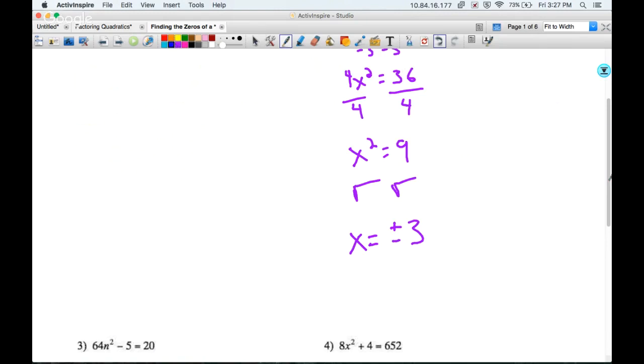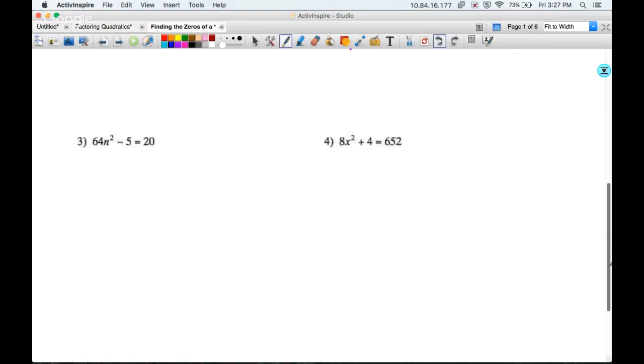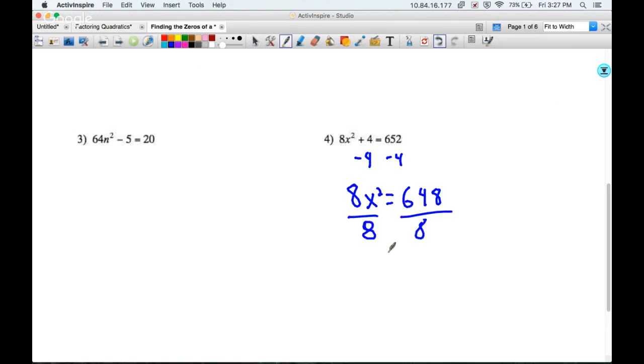Let's try that again with, let's see, number 4 looks a little bit more difficult, so let's try that. I'm going to subtract 4 from both sides. I'll get 8x squared equals 648. Divide both sides by 8.